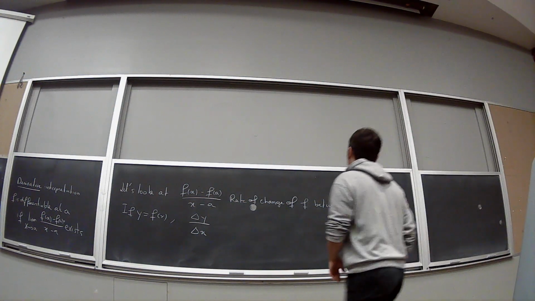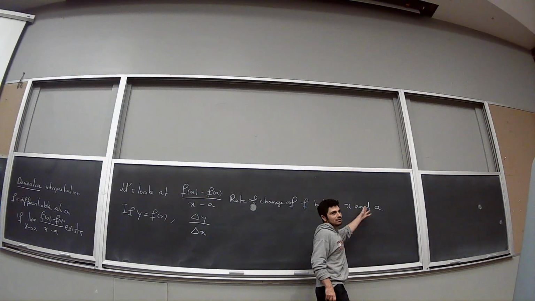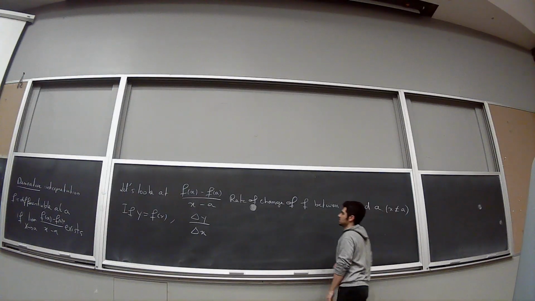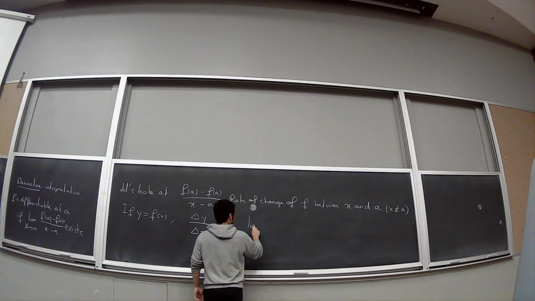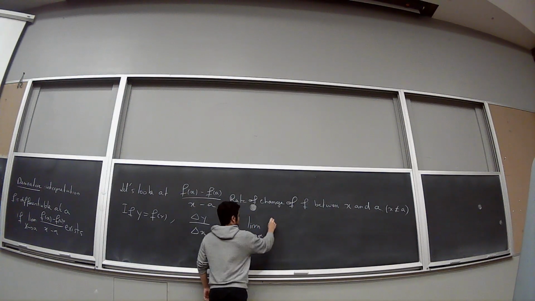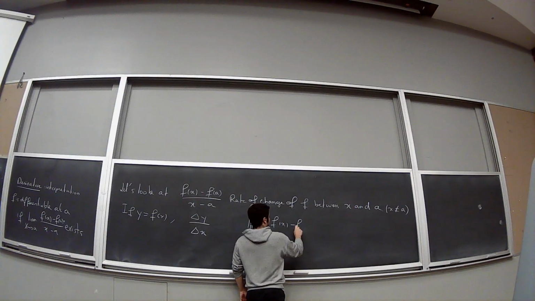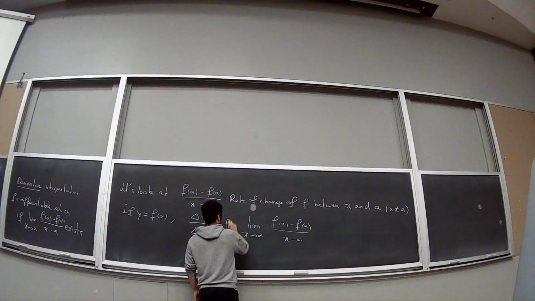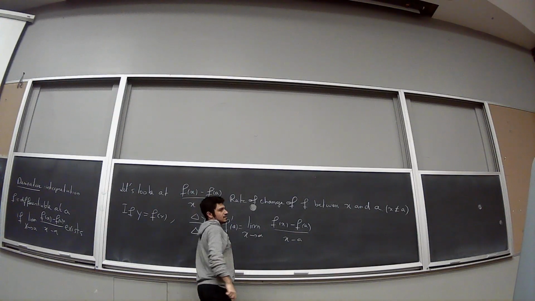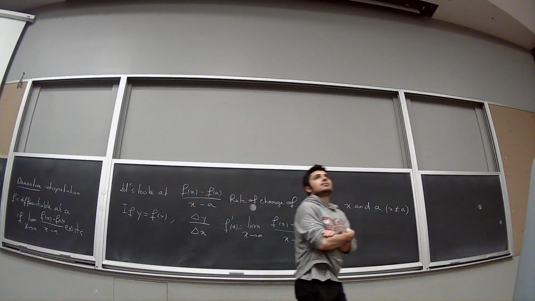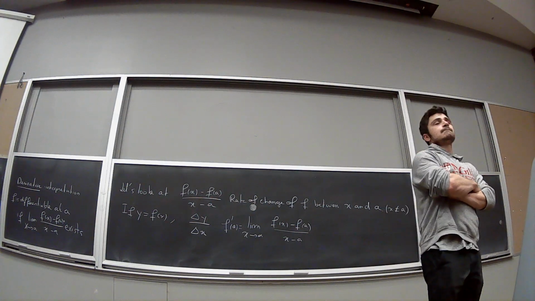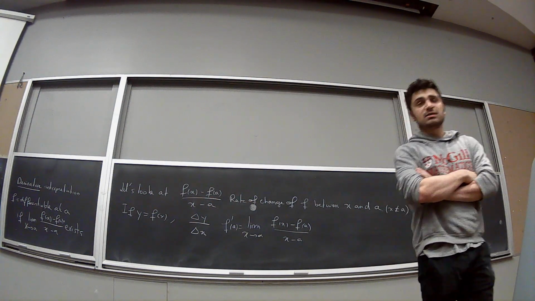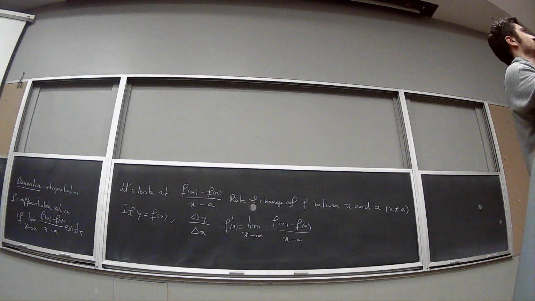So this is a rate of change between x and a, right? Here x is different than a, of course, because you don't want the denominator to be 0. But if I take the limit as x goes to a of f of x minus f of a over x minus a, what is that number? This is f prime of a. What can I say about this rate of change?